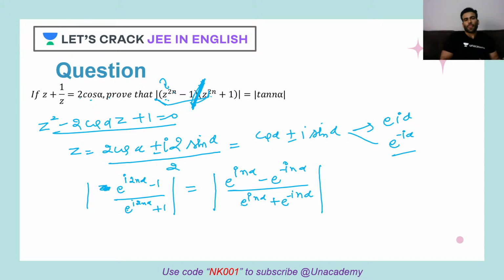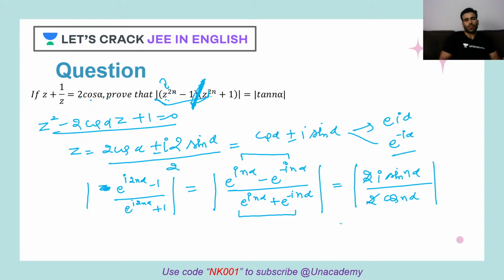As if someone has written the addition of conjugates and the subtraction of conjugates. If that happens, what do we get? We get twice iota times the imaginary part of the complex number. So the imaginary part of this is sine of n alpha, and from here twice the real part of the complex number.